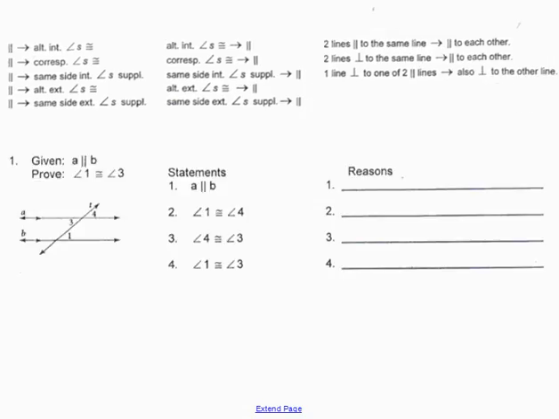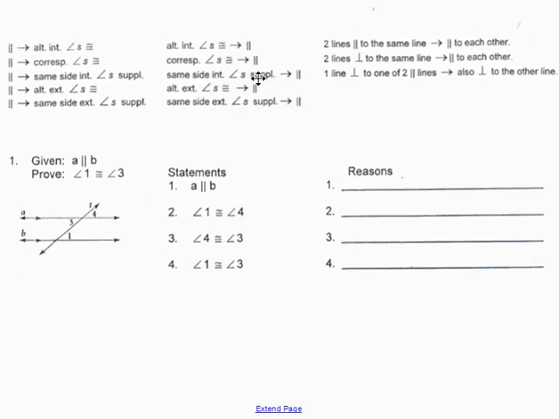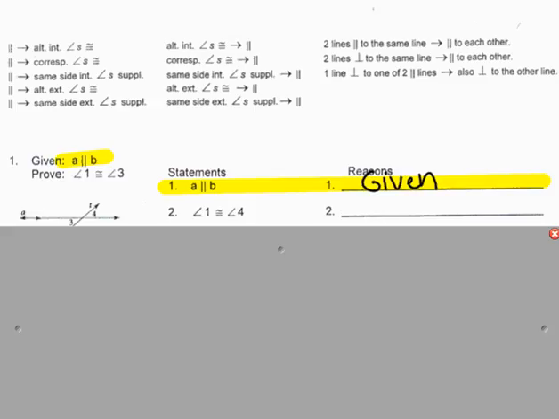Okay. So this first proof, just like your ones in Chapter 2, you want to highlight your givens and write those in right away. So your given is A is parallel to B. What a surprise, it's the first one. Then what helps me is doing the shade for the rest of the proof.